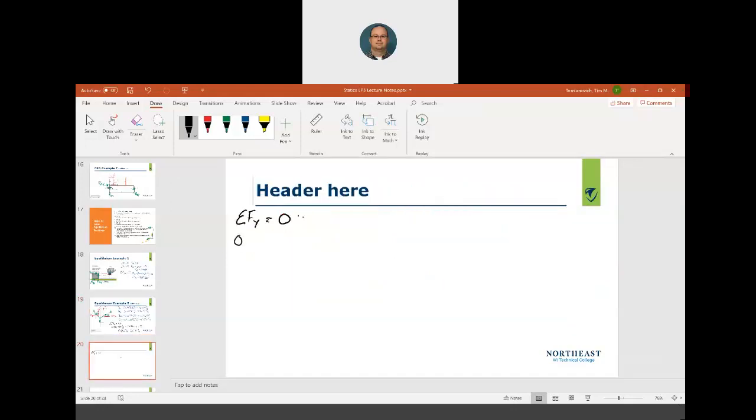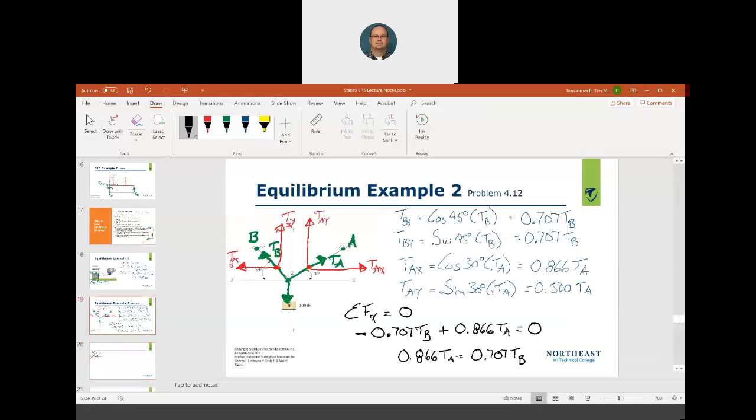Here's TA, this guy is positive, it's pointing up.